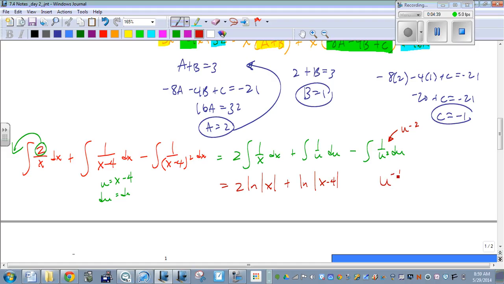Multiply by the reciprocal, that negative out here times this negative is going to make this plus. And of course we don't want our final answer to have u in it, so we're just going to replace the u with x minus 4. And we can write it instead of x minus 4 to the negative 1, you can write it that way, or you can write it as 1 over x minus 4 plus c.